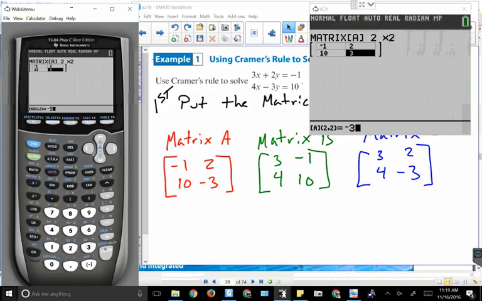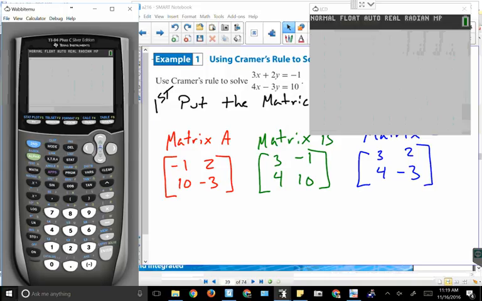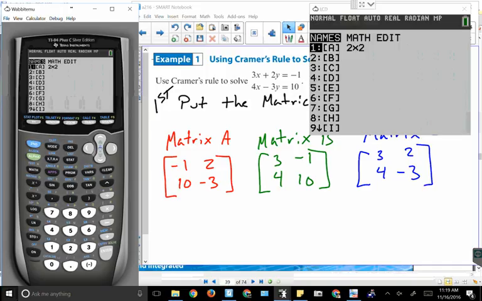Negative 3. Sometimes it doesn't take. There we go. So, once you've got matrix A in, you can press second, mode, that'll quit and take you out of it. Then second, X to the negative 1 goes back into the matrix mode. I know, it's kind of goofy, especially with that operating system where you got to quit and bring it back in, but that works the best.